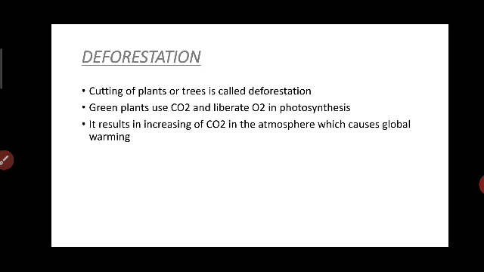When the earth is heated by global warming, what happens? The ice caps at the poles melt automatically. We know that on the earth only 25 percent is land, and the remaining part is covered with water.